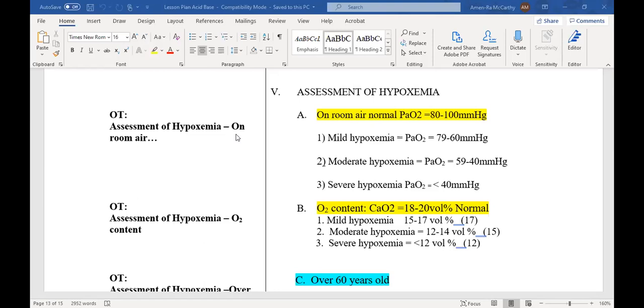Then moderate hypoxemia is 59 to 40. And then severe is anything less than 40 millimeters of mercury. And that's it for the hypoxemia as far as the PaO2 is concerned.